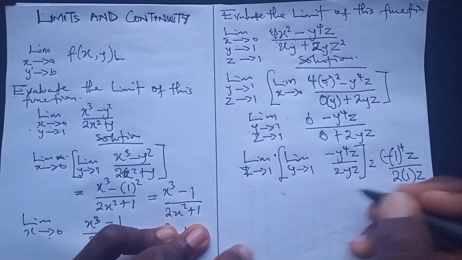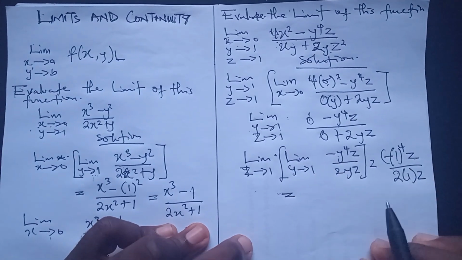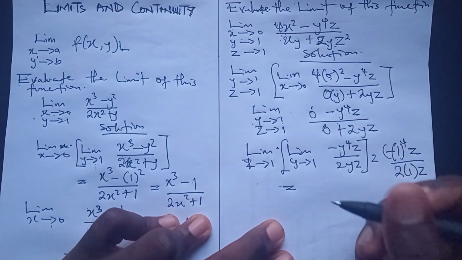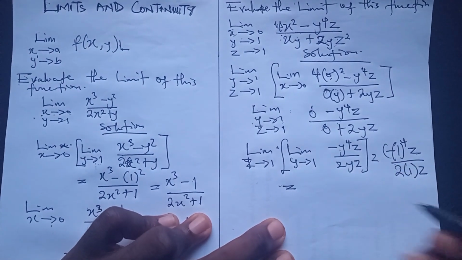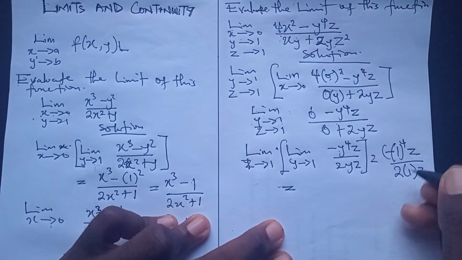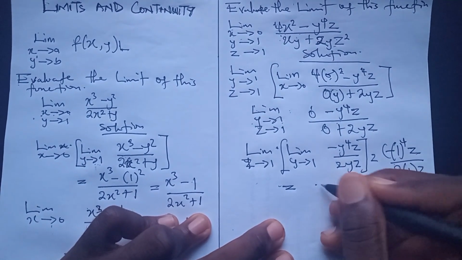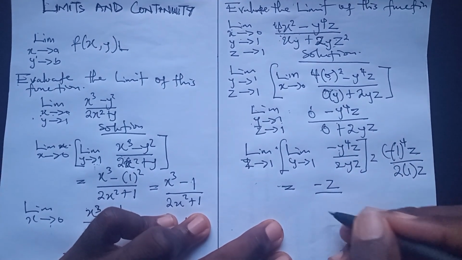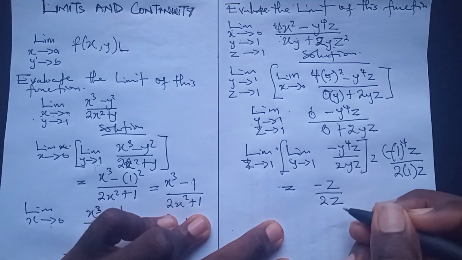So this is equal to, 1 raised to power 4z gives you 1. So you have minus 1 over 2z.